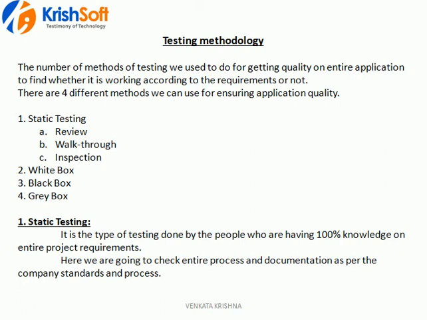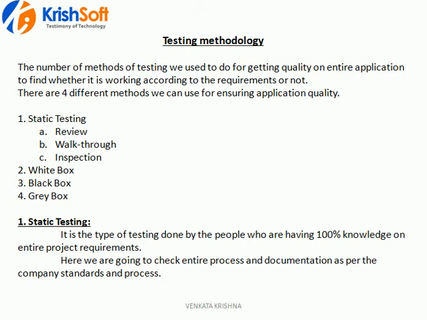So many defects are leaking into production. Production means the live environment. So that is the reason every company nowadays maintains a 1:2 or 2:3 ratio, and some very big companies maintain an equal ratio, 1:1, one developer, one tester.